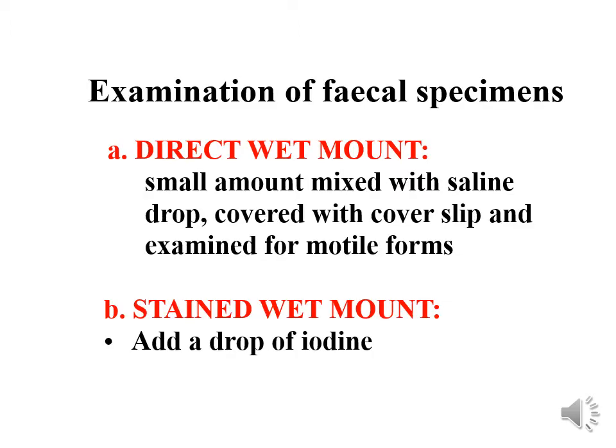So examination of a fecal specimen, of course the simplest one, but it is not sensitive, is a direct wet mount. Precisely, on a clean slide you put, for example, 2 drops of saline, that is physiological saline, or what we call normal saline, and then a small amount of 20 or maximum 40 microgram of stool, and then you mix this in the drop of saline, you put a cover slip, and then you examine.